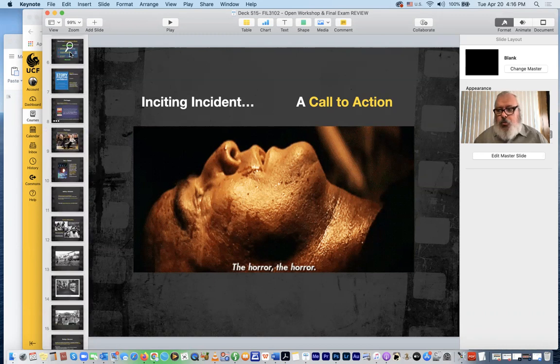So we have a world, we describe it, we show our protagonists and how they function within it. Then we present a situation to that protagonist that they have to face and endure or resolve in some way. They can reject it initially, but then they must accept it, and accept it in some way that relegates them to an adventure where they're going to face challenges.